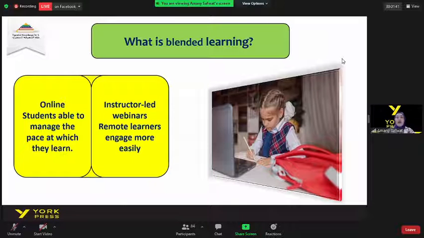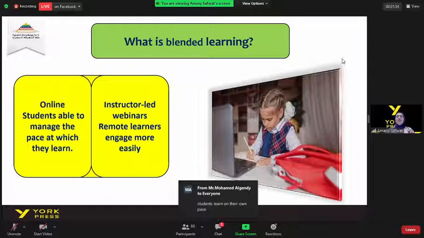And these are the two sources of online learning. So we have the online resources through which the students are able to manage the pace they learn through. And when the instructor holds some webinars, this helps remote learners to engage more easily with their teachers and their students.